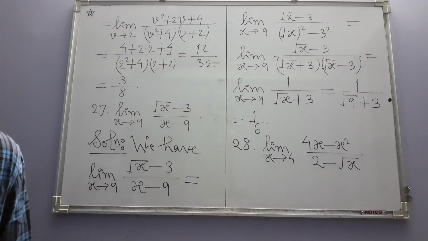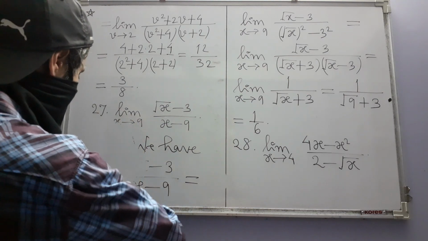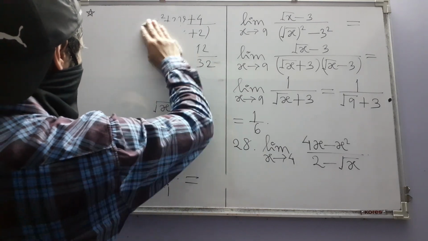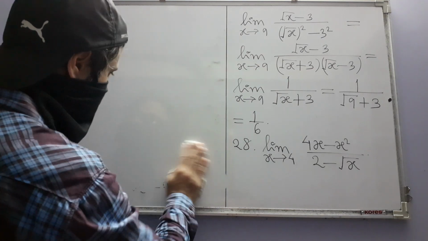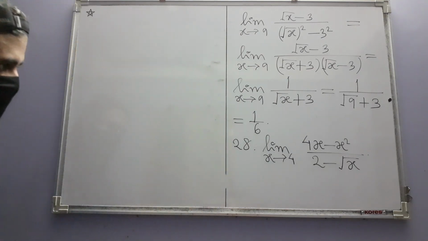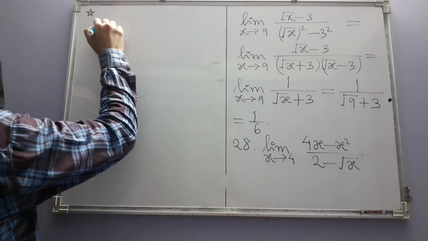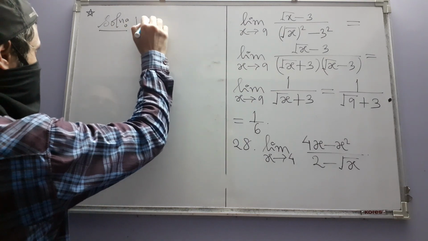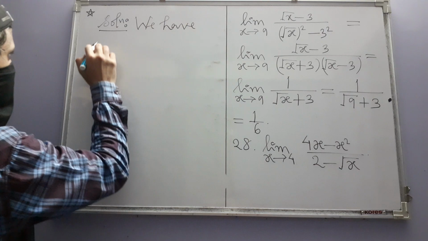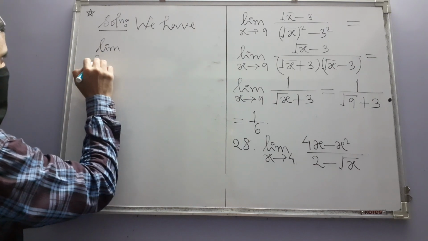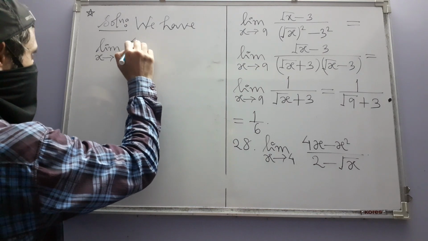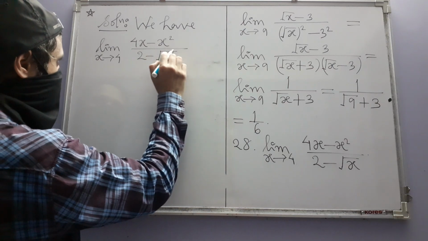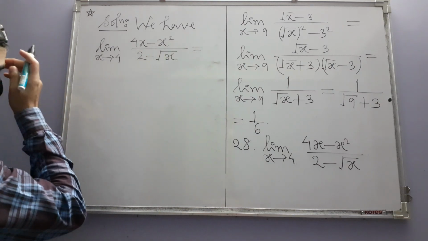This is also something similar, but we are not going to discuss that much like the previous one in this case, because now we know what is going on in the background. 4x minus x square over 2 minus square root of x.